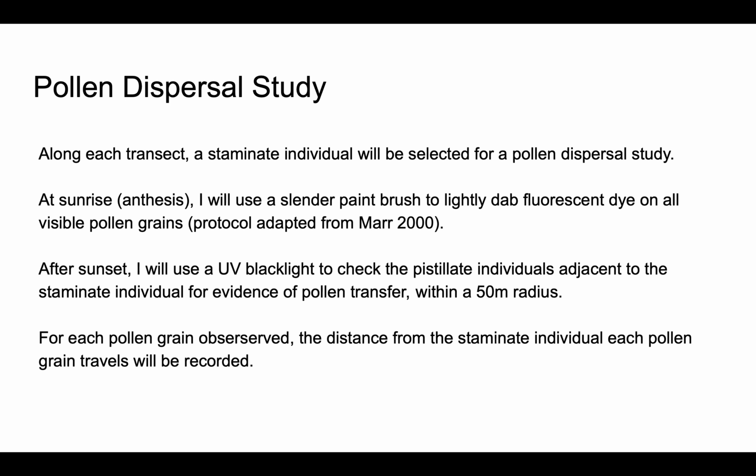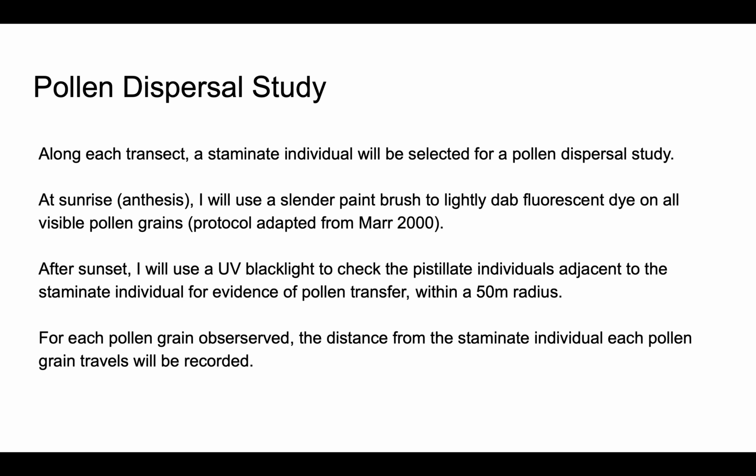This is a protocol adapted from a study I read, MAR 2000. And then at the end of the day, I'm going to survey all of the pistillate individuals within a 50-meter radius to look for evidence of pollen transfer.